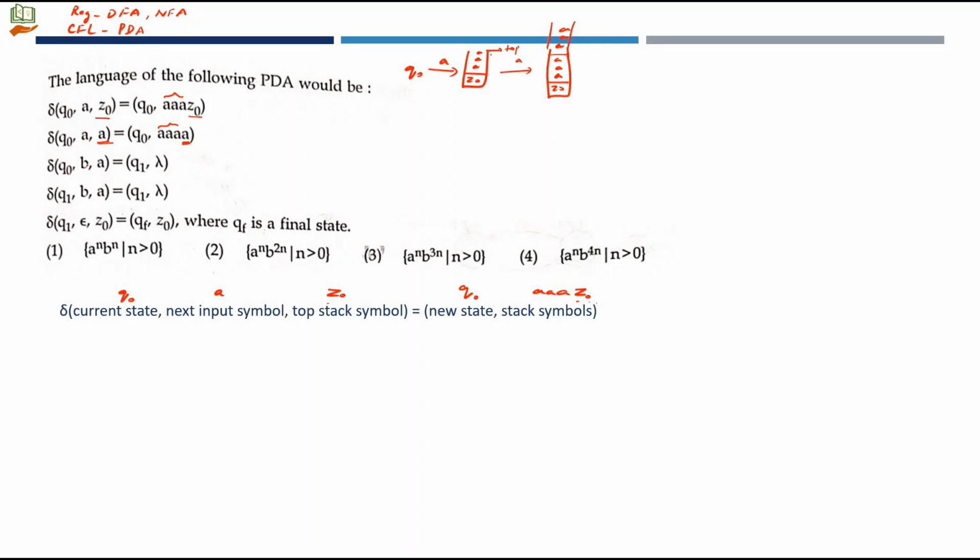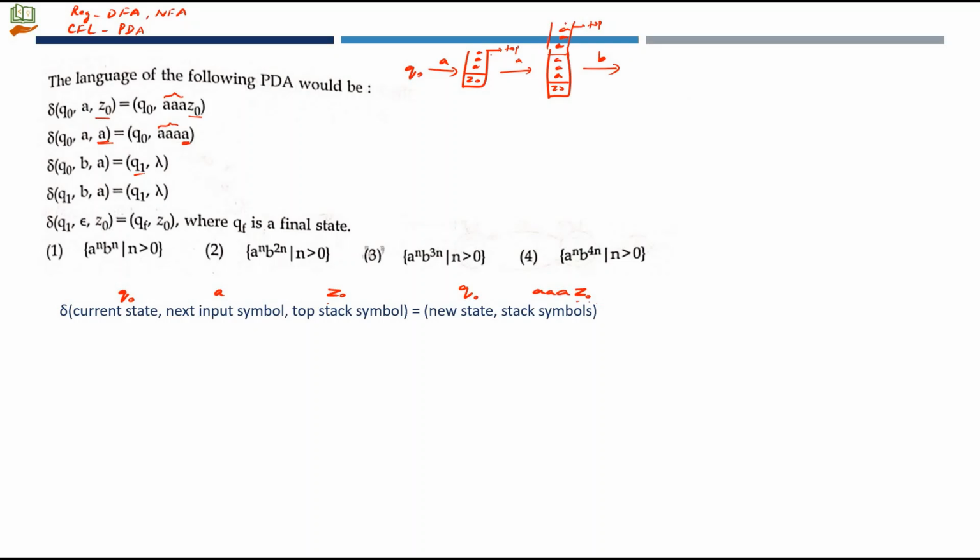What about the third transition? Q0, input symbol is B and the top stack element is A. So this is the top element. Now we are still in Q0. On reading input B, we are moving to the new state called Q1. You are just popping the top element. What is the top element here?